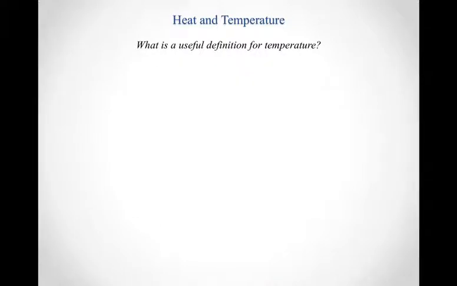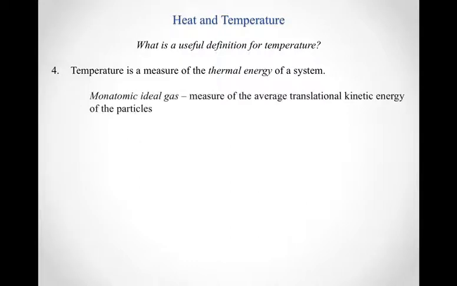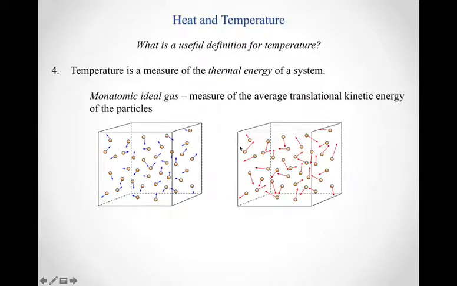So the last useful definition that we'll talk about is that temperature is a measure of the thermal energy of a system. There's a very simple system we can talk about where seeing how temperature measures thermal energy is relatively straightforward, and that's a monatomic ideal gas. In a monatomic ideal gas, you basically have particles that are simply bouncing around, like ping pong balls in a box.